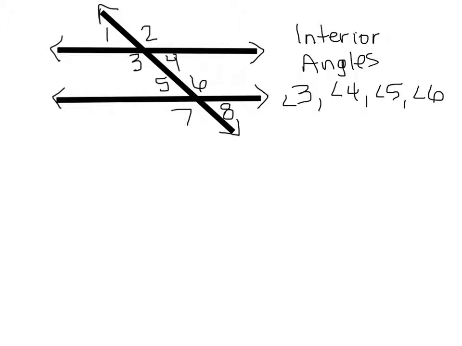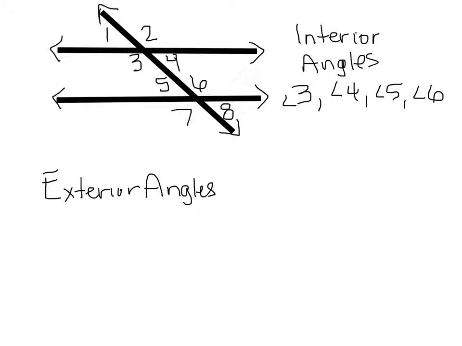Okay, now let's talk about exterior angles. What does the word exterior mean? Exterior means outside, so what do you suppose exterior angles means? Very good, angles on the outside.